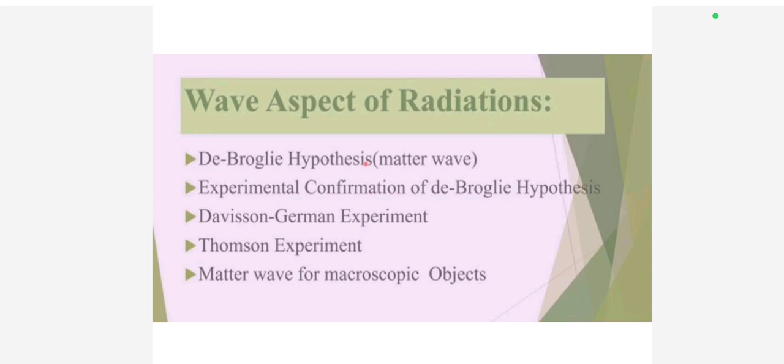Thomson, the scientist J.J. Thomson, explained the plum pudding model. In J.J. Thomson's experiment, negatively charged particles are bent by positively charged particles. This experiment is the plum pudding experiment. And then matter waves of macroscopic objects.